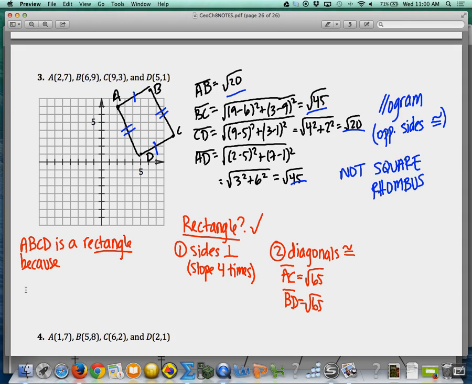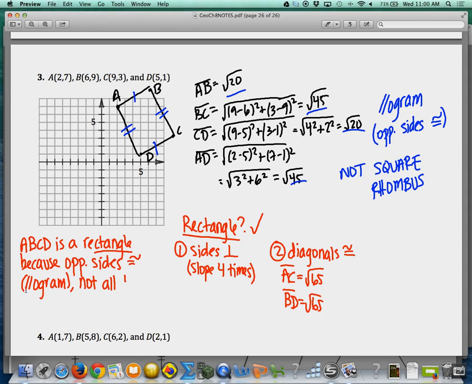because what's the first thing we found out? Opposite sides are congruent. And what did that tell us? So that told us that it was a parallelogram. Then what else did we decide? Not a square or a rhombus because not all 4 sides are congruent.